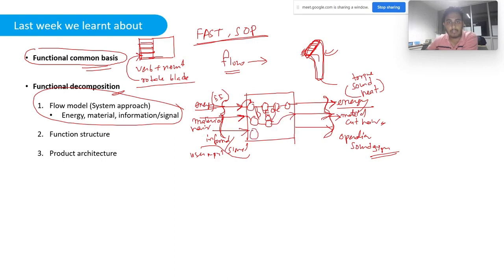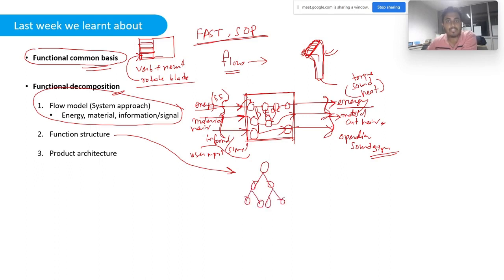Similarly, how a particular information signal is used within the system to generate the output signal. This was how the functional flow diagram works that I discussed in the last class. Based on that, what we generated was a function structure. A function structure is a bit more complex than a tree structure.